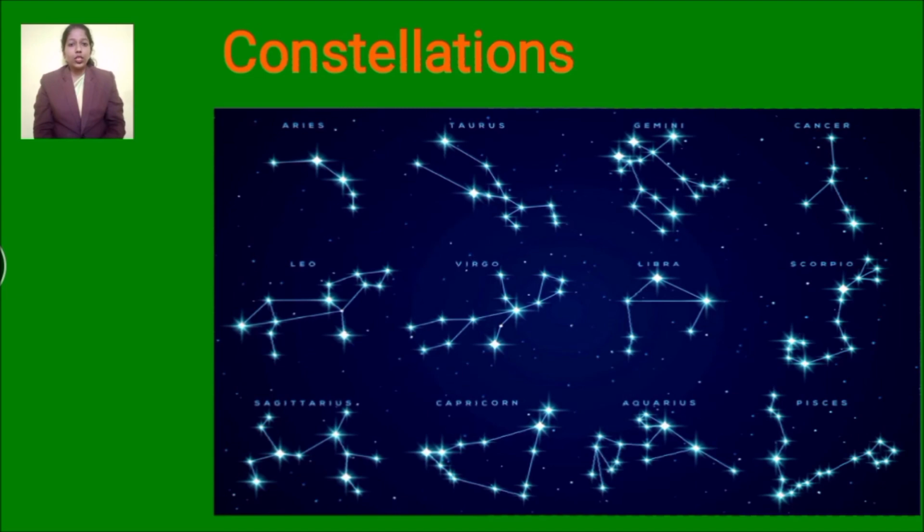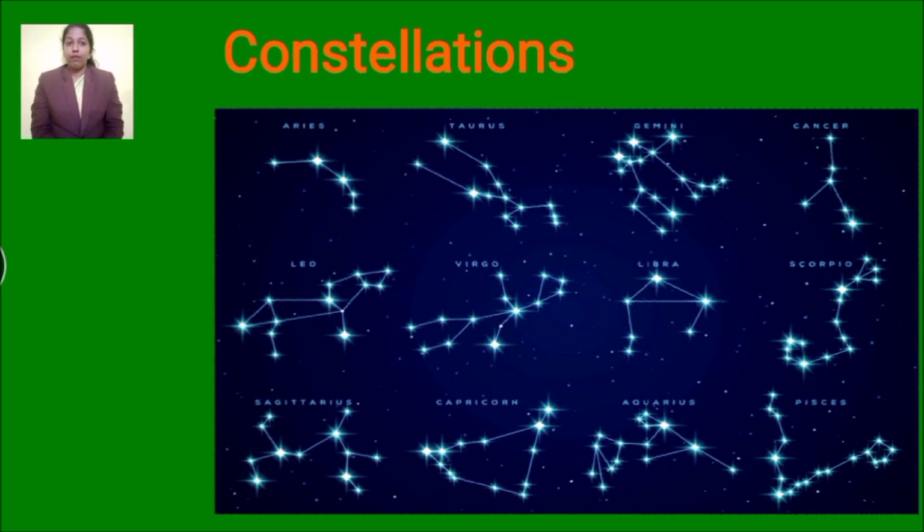The constellations are named after creatures and persons from myths and legends. What is myth? Myth means an idea or a story which many people believe but that does not exist or is false. And what is the meaning of legend? Legend means an old story that may or may not be true.